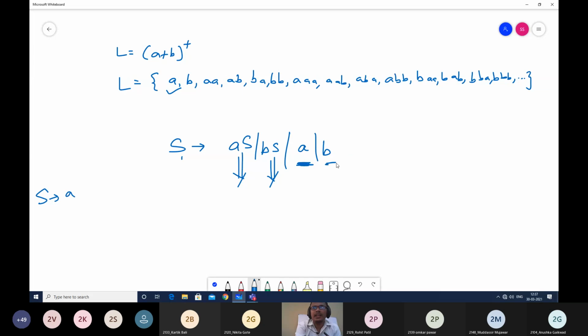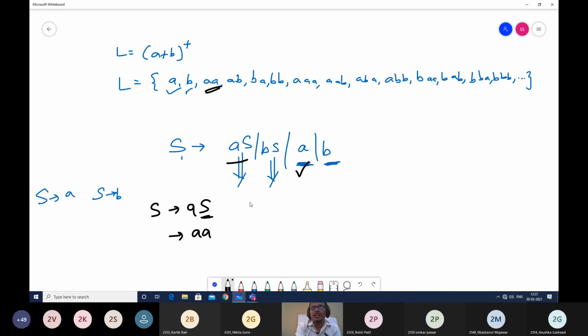Then if I want B to get accepted, I can directly apply S gives B. Correct? Then if I want to accept a string like AA, what will I do? First I'll apply S gives AS, and then I'll apply S gives A, so I'll get the string AA.